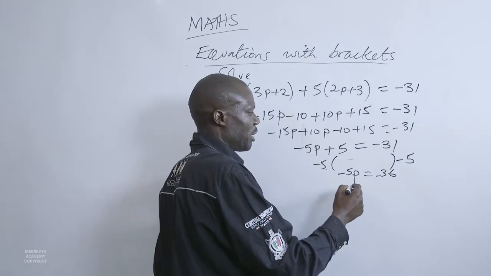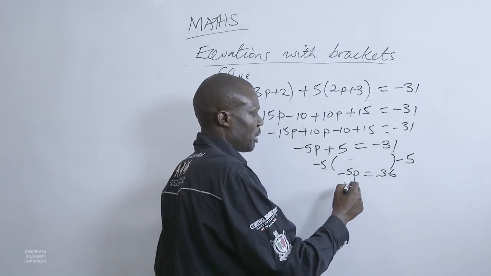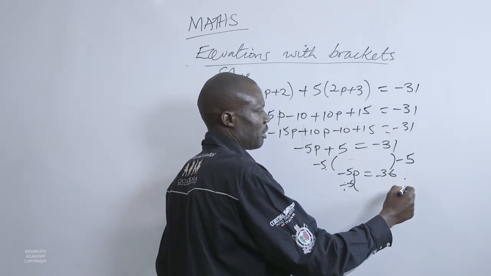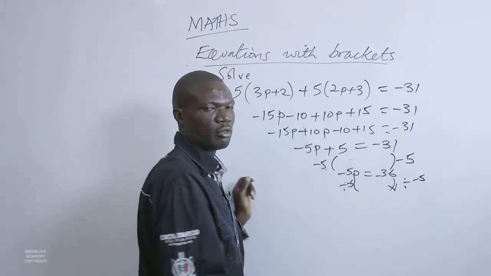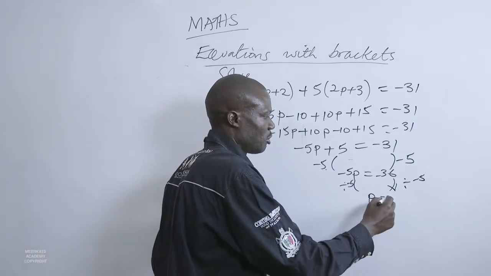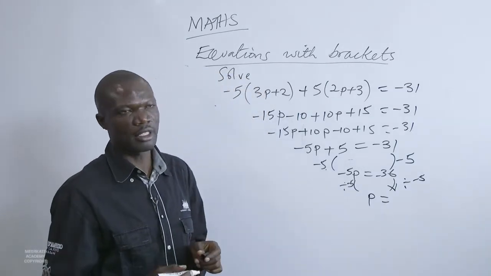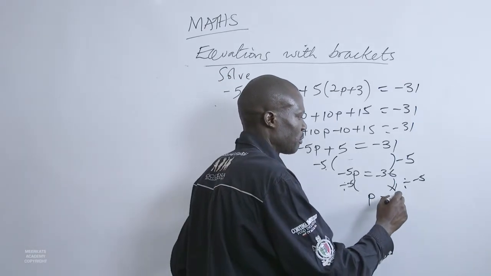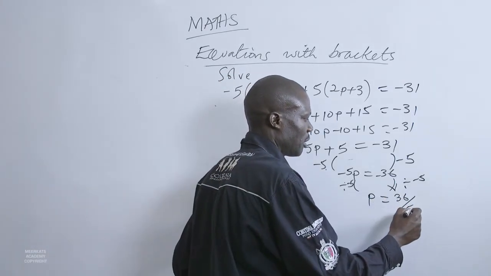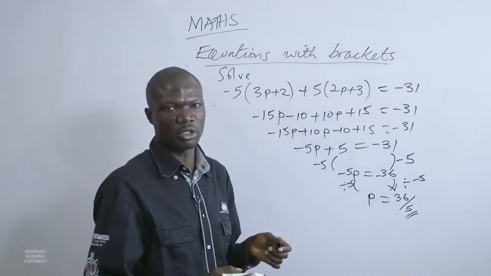So we divide by minus 5, divide by minus 5. And this should give us p is equals to minus 36 over minus 5, which is simply 36 over 5, and it is positive.